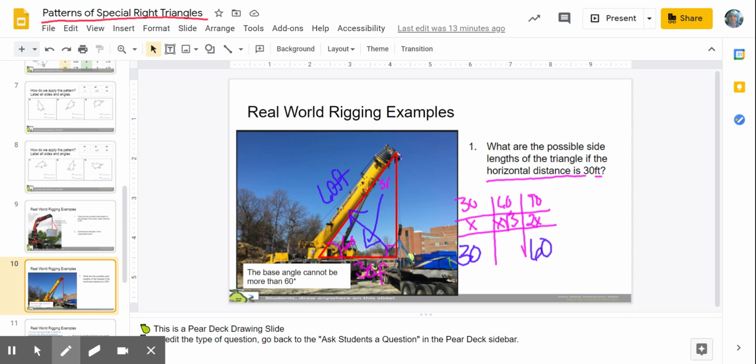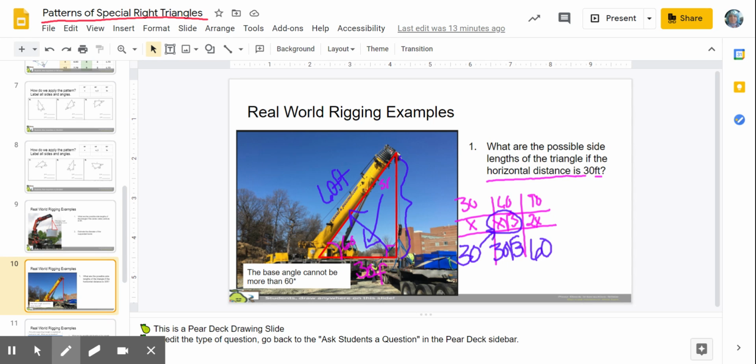So that's a 60-foot boom on the crane. And then what's this vertical distance? Times the square root of 3. So because I know the x, I just substitute that in there.